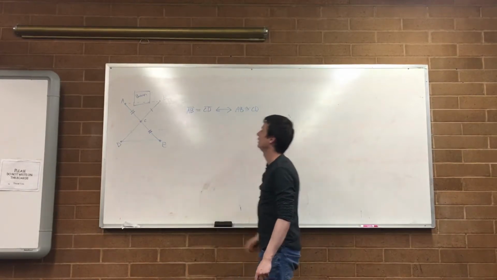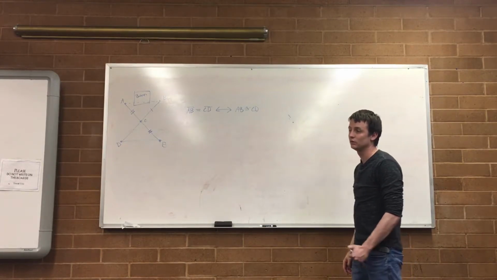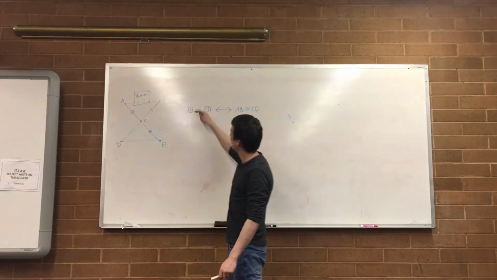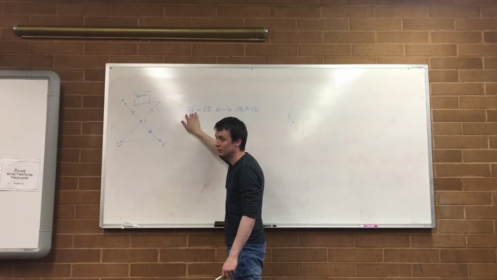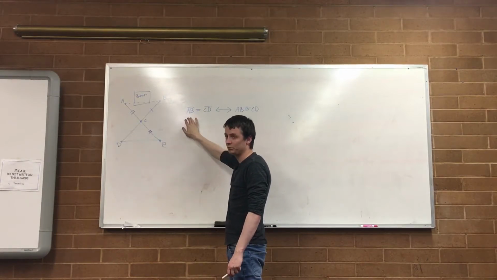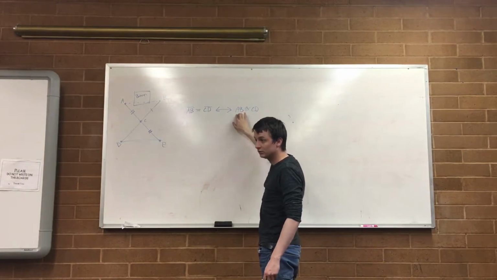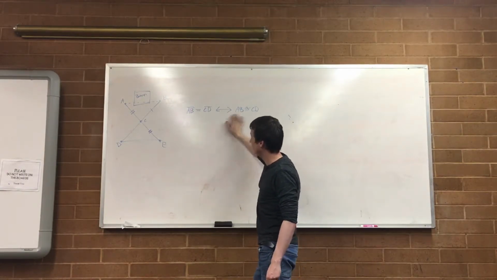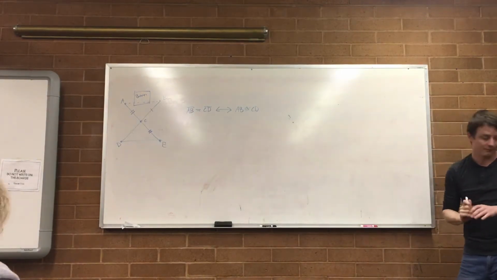You infer from context whether we're talking about a segment versus a line. This is a number, like 7 or 5 or whatever. It's not a geometric object. This is a geometric object, a line segment. This is a set of points. This is a number. Does that make sense?